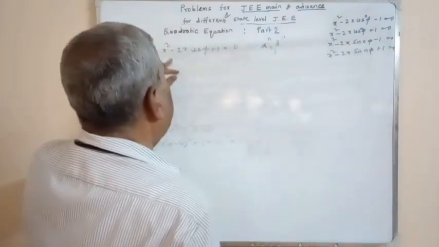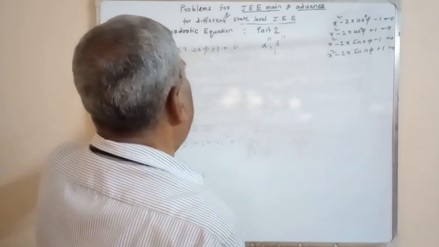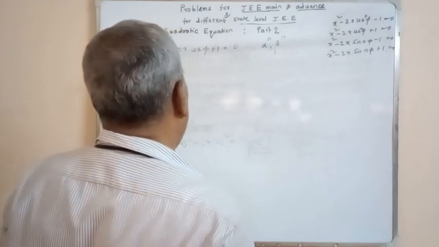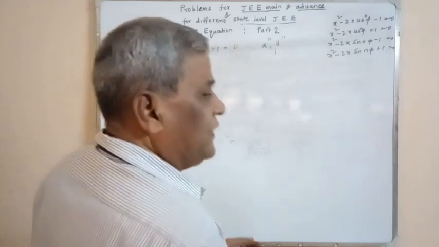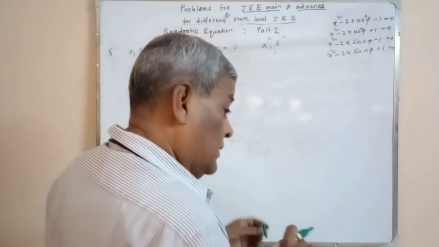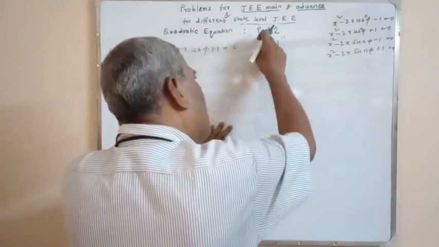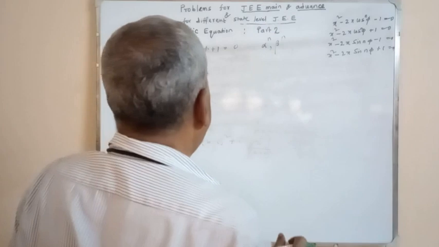Here, one quadratic equation is given, x square minus 2x cos phi plus 1 equal to 0, and alpha, beta are its two roots. Then we have to find the equation whose roots are alpha to the power n and beta to the power n.